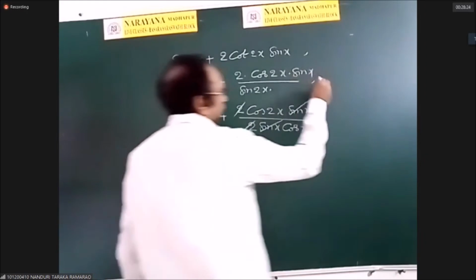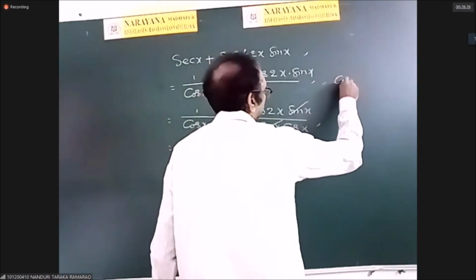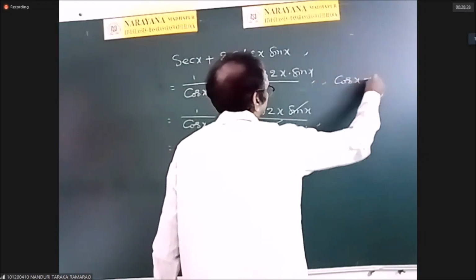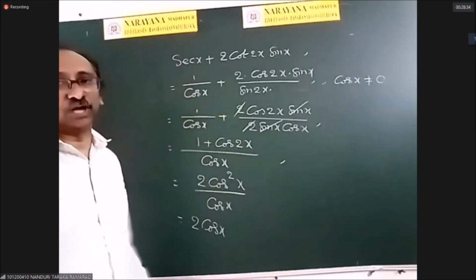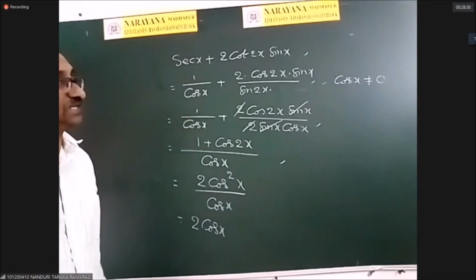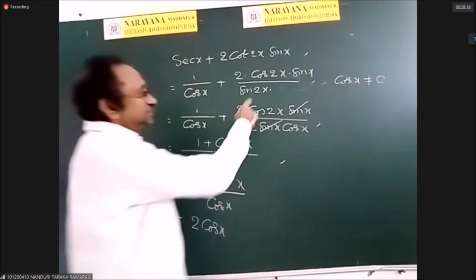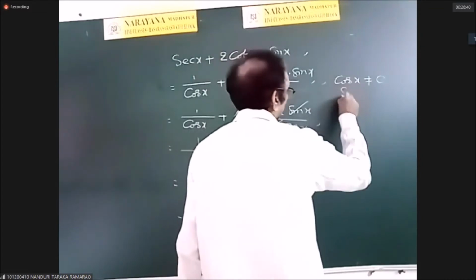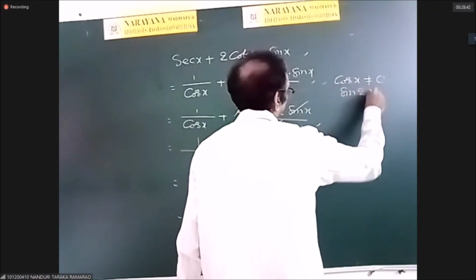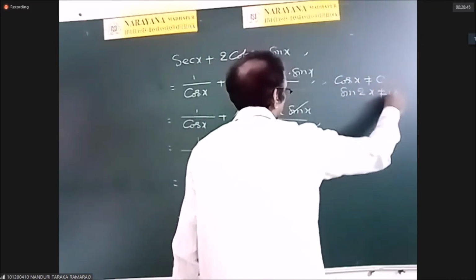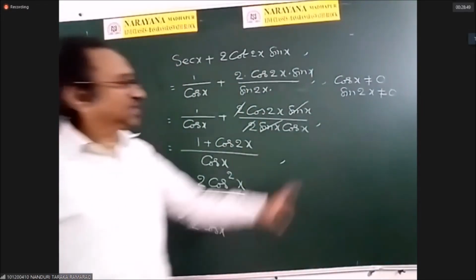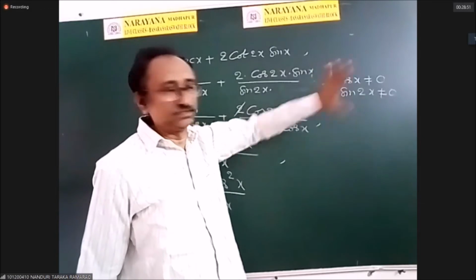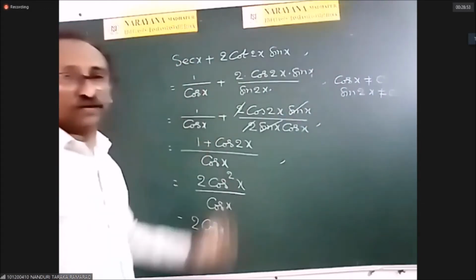Whenever you have cos x in the denominator, this cannot be equal to 0, because if cos x is 0, secant x is not defined. So cos x is not equal to 0. Similarly, in the denominator, sin 2x is there, so sin 2x is not equal to 0. The values of x which satisfy these conditions will not be in our domain.